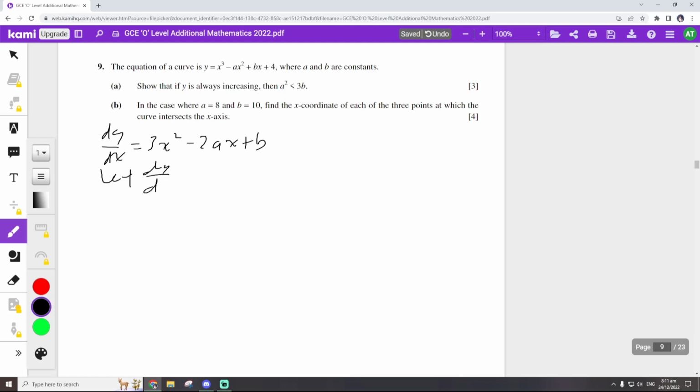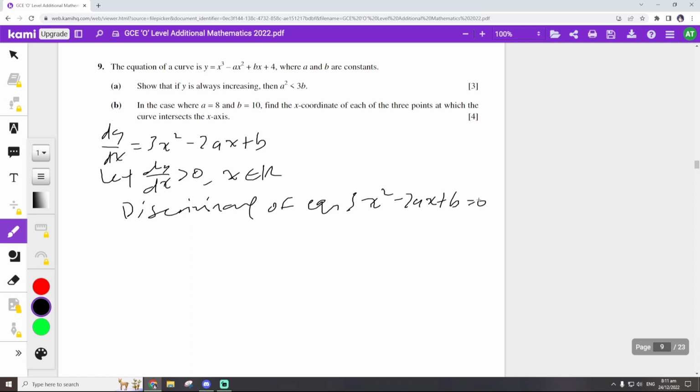let dy/dx be greater than 0 for all real numbers, which requires the discriminant of the equation 3x squared minus 2ax plus b equals 0 to be less than 0, right? Because the coefficient of x squared is positive here, if the discriminant is less than 0, it will never cut the x-axis, it will always be above it.